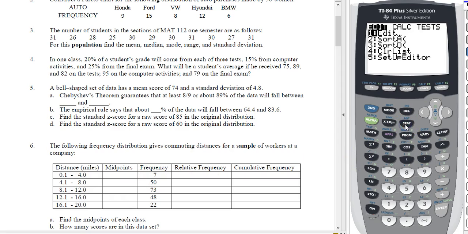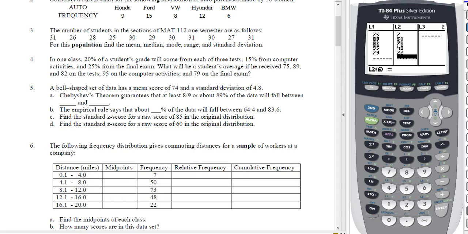There is a trick for doing that. You can divide each frequency by the total separately, or you can go into your list. Let me go up here and show you. I'm going to use list 2 for the frequencies here: 7, 50, 73, 48, and 22.